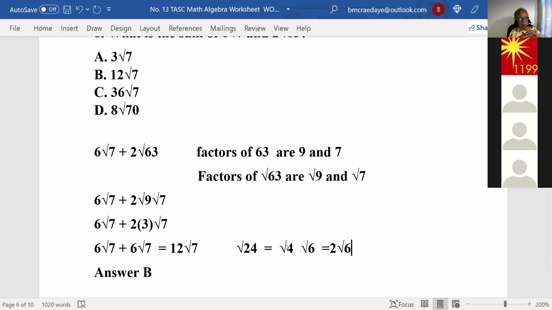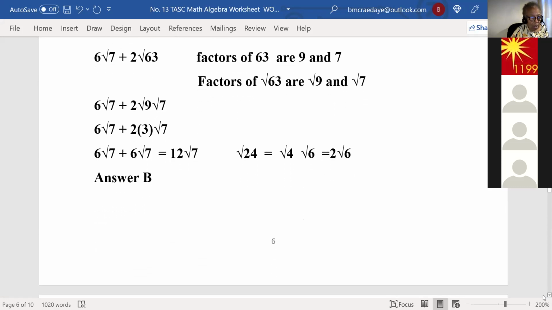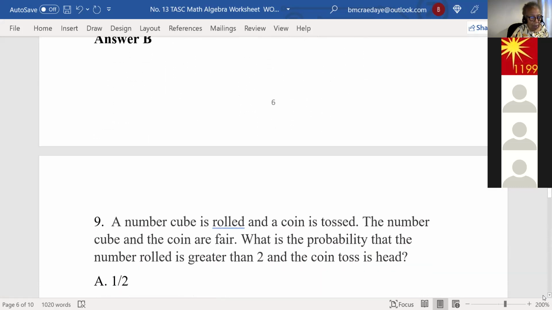Just make sure, because you can factor regular numbers, you just factor the square roots, and they would just be under radicals, right? So square root of 24 has factors 12 and 2, like you said, but also 4 and 6, and 4 has a perfect square root. All right. Now we are going to stop here.